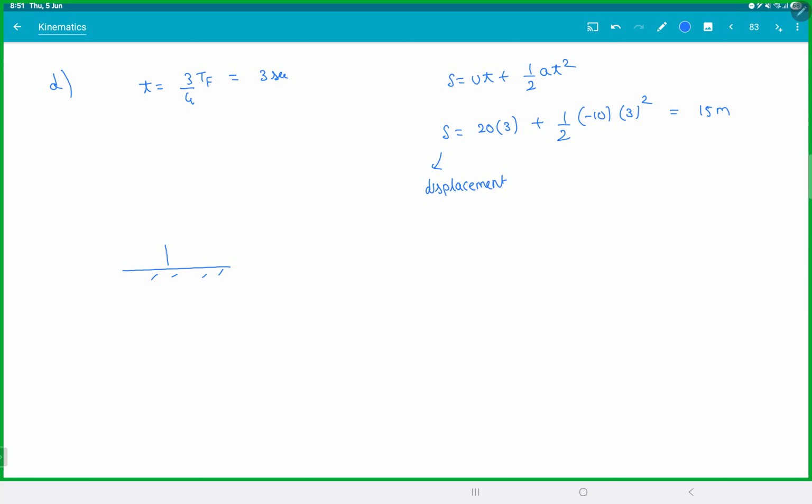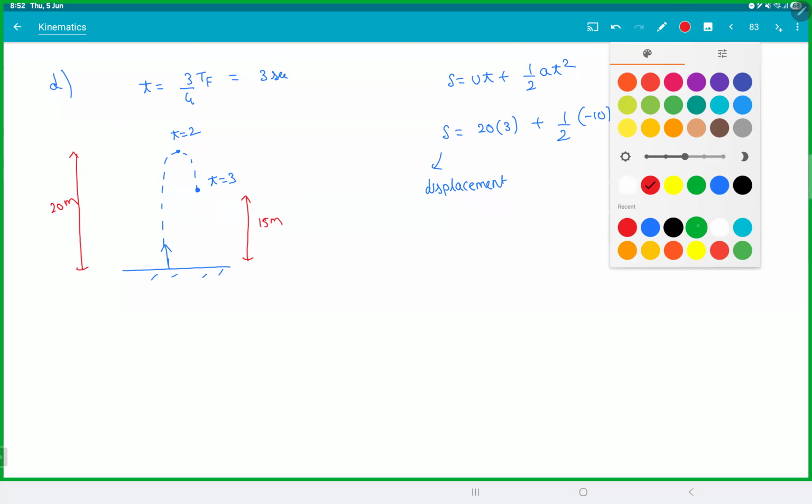So what this thing is simply trying to tell you is you have gone up and then you have come back at t is equal to 3 seconds, because at t is equal to 2 seconds, you have already reached h max. So at t is equal to 3 seconds, you already started coming down. So from the ground level, you are at a height of 15 meters. And we know the total height was 20 meters.